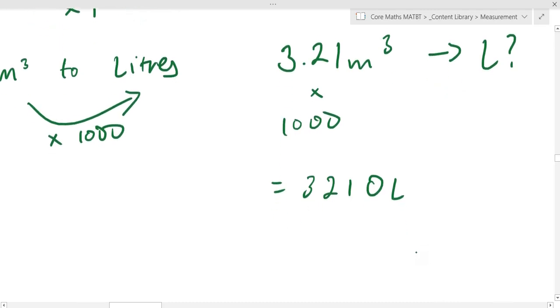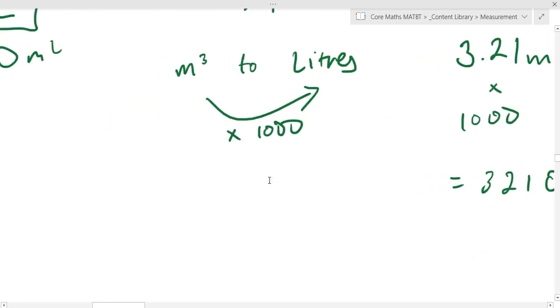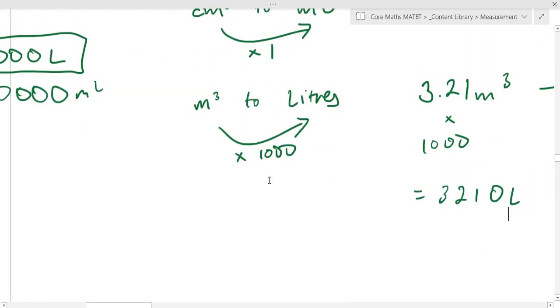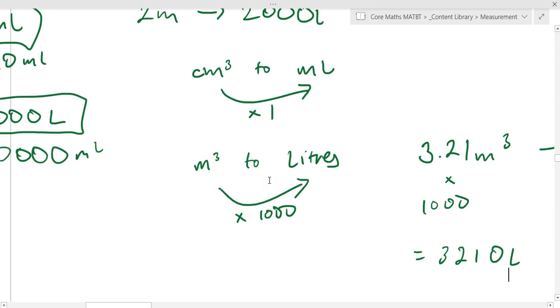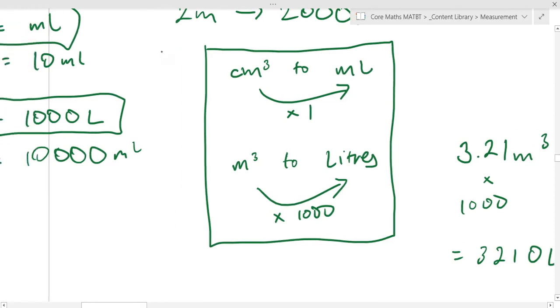That's how much it will be converted to. You'll only come across this question once, I remember, in the SAC, so it's not that big a deal if you don't get it. But the main thing is these two principles: how to convert centimeters or meters into milliliters or liters.